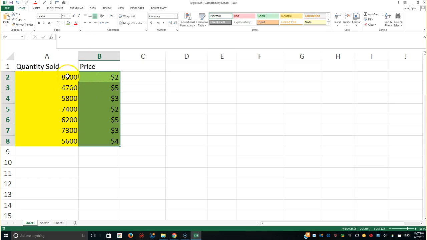So when the price goes up, the quantity sold goes down. On the other side of the story, if the price goes down, of course the quantity sold is going to go up. Notice there is some sort of an inverse relationship between the two.